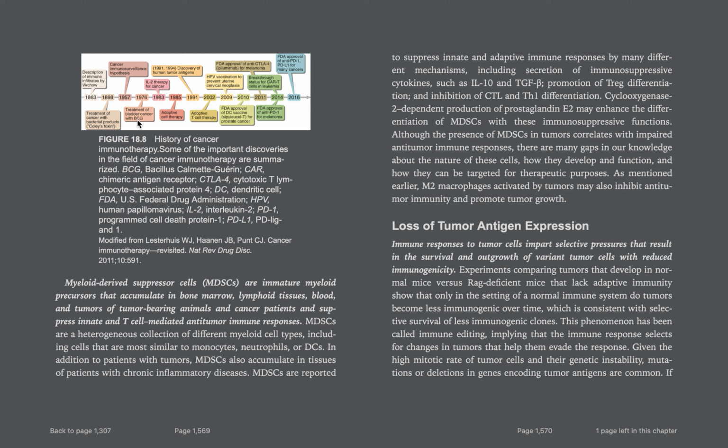Myeloid-derived suppressor cells, MDSCs, are immature myeloid precursors that accumulate in bone marrow, lymphoid tissue, blood, and tumors of tumor-bearing animals and cancer patients and suppress innate and T cell mediated anti-tumor immune response.